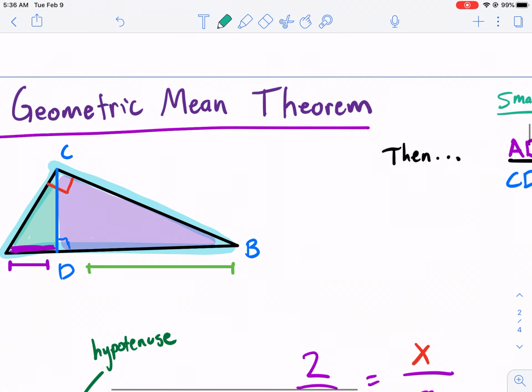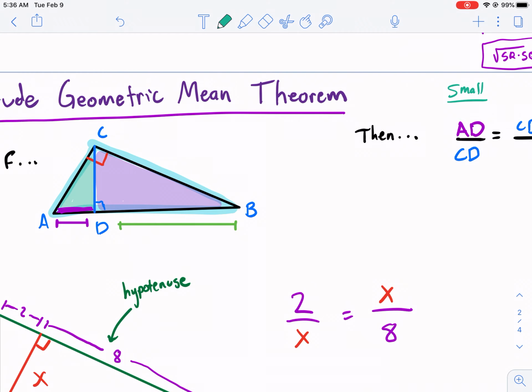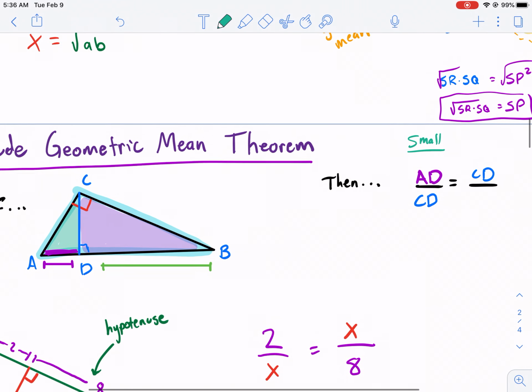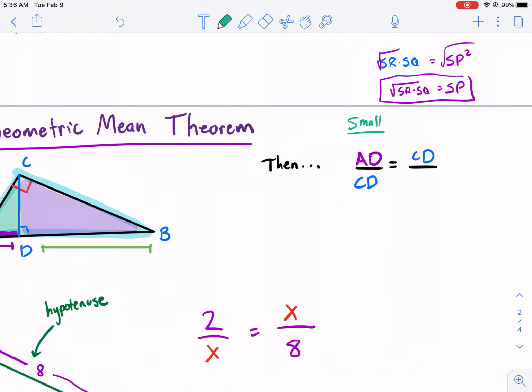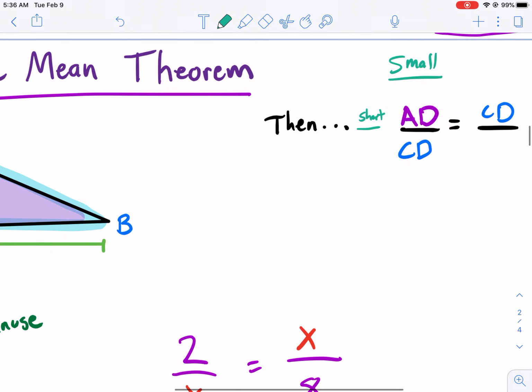I'll explain what that means later once we get to some examples. Stay tuned for future videos. This AD side is the short side. Remember, we're trying to label based on short, long, and hypotenuse. CD is clearly the long side. So we're comparing short to long.